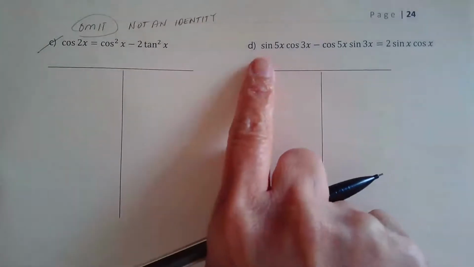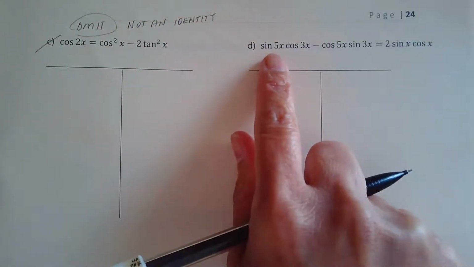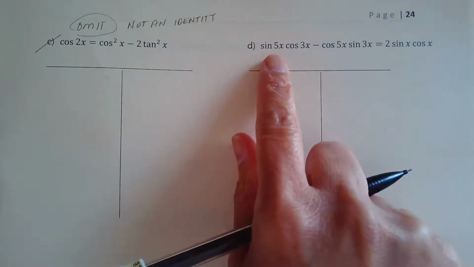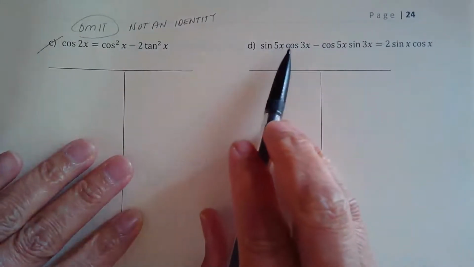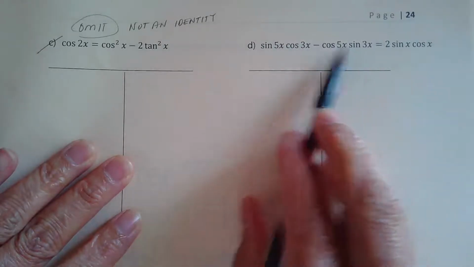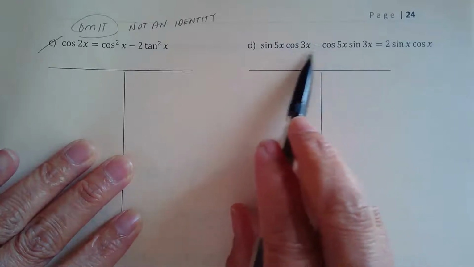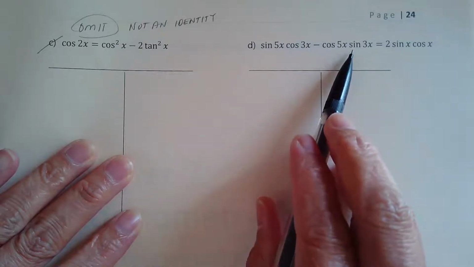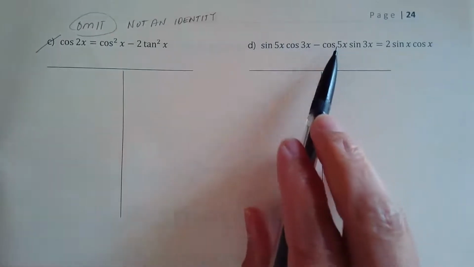So let's go ahead to letter D. What's going on in here? Oh, so we got sine 5x cos 3x minus cos 5x sine 3x. That kind of reminds me of the sum and difference trig identities, right?